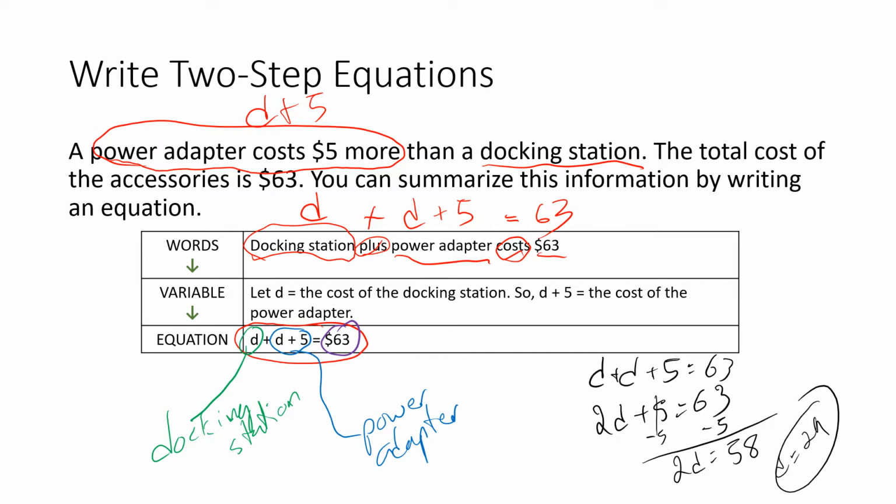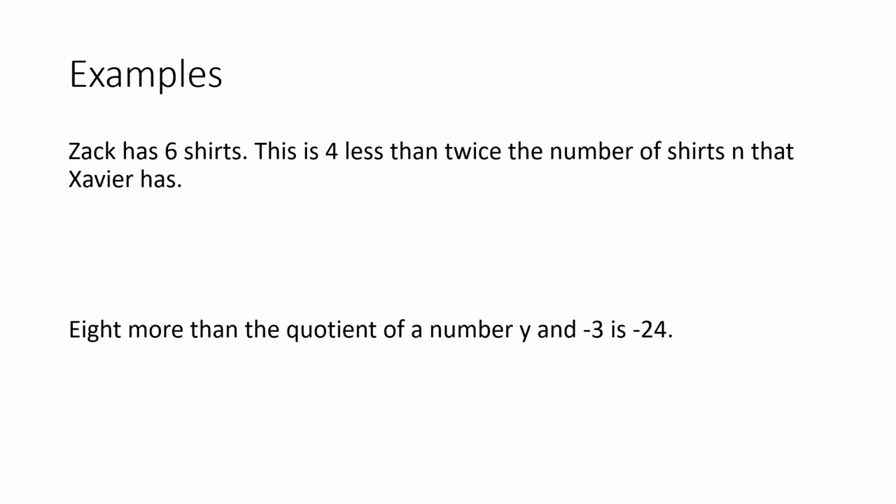So let's practice a little more here. Our first one: Zach has 6 shirts. This is 4 less than twice the number of shirts, which we are going to use n to represent, that Xavier has.